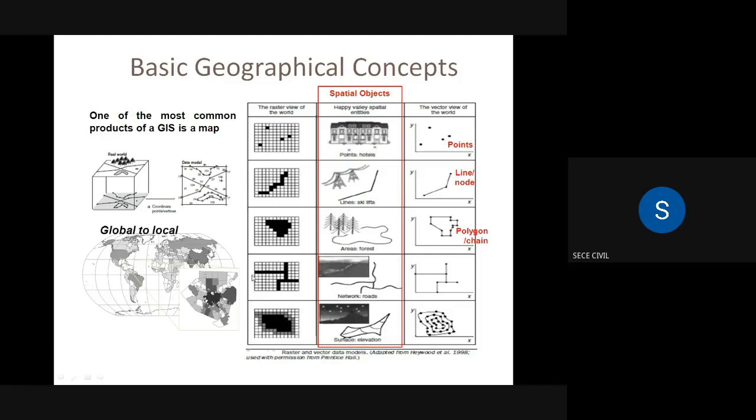In raster view it will be like this, and in vector view it is a number of points, connections of number of lines: line one, line two, line three, line four. All these lines are going to be number of nodes. And the last spatial object is mountain, surface elevation. In raster view it will be like this, and in vector view it will be like a contour mapping.